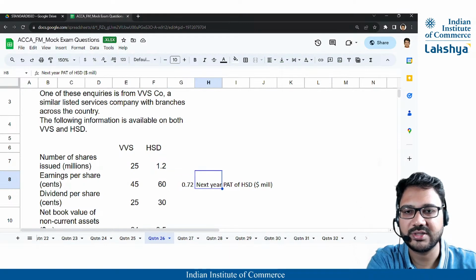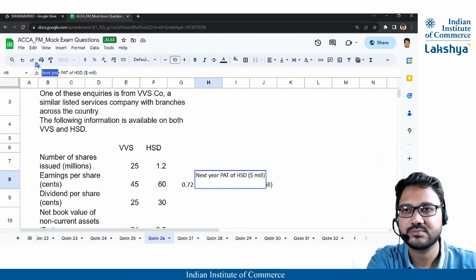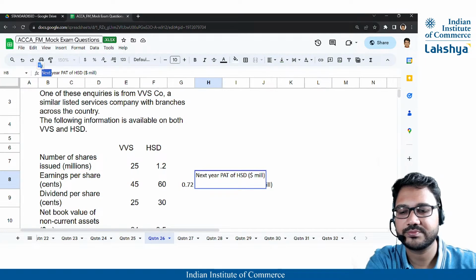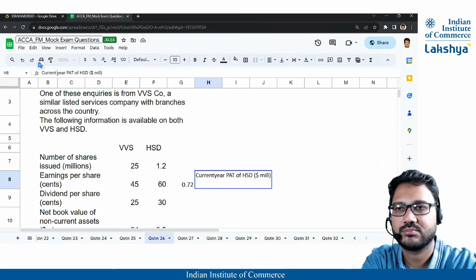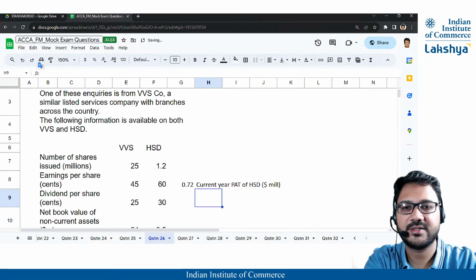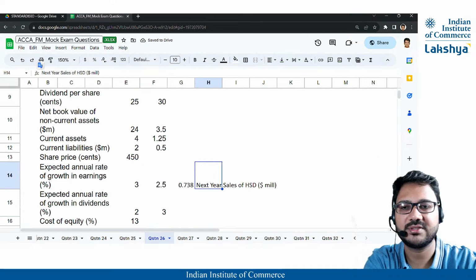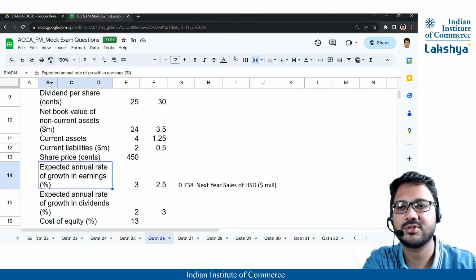No, the 0.72 is not next year; in fact, this is the current year.